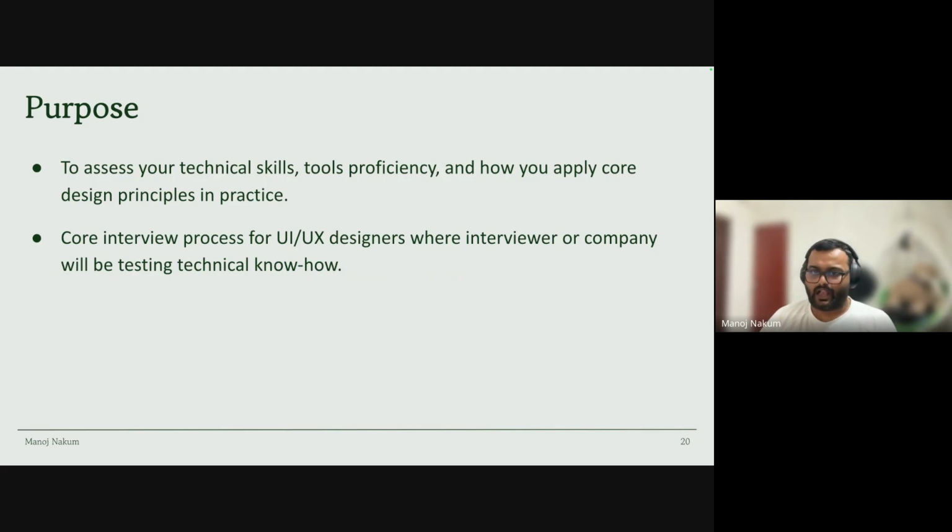It would be tested how fast you are at using the software, how good you are at using it, and how much knowledge you have of the software. Currently, I know it's Figma, but it might not always be Figma. They might give you some other tools. Some companies use Adobe XD, and some companies still follow Sketch. They mostly write this in their JD.